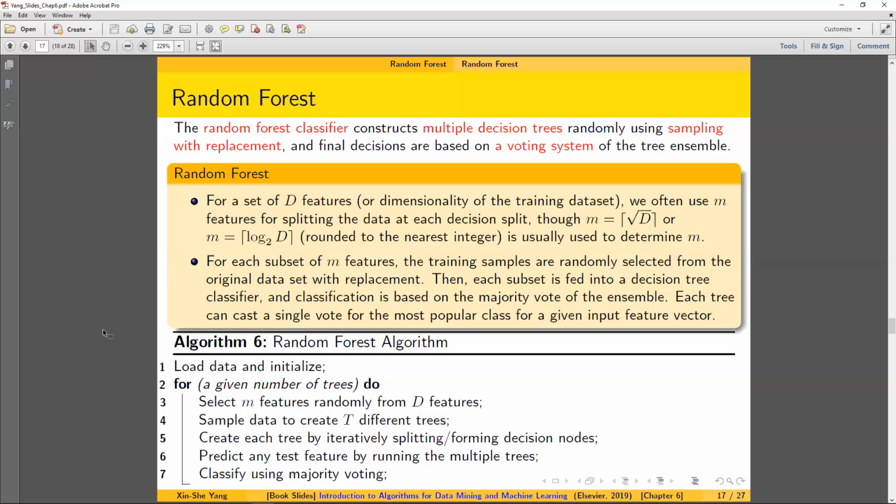So let's take a look at how you construct these multiple decision trees. Say you have 1,000 dimensions. Now we randomly pick 100, for example, or maybe fewer, 20 of them. Then using these 20, we build a decision tree to classify all the observations.